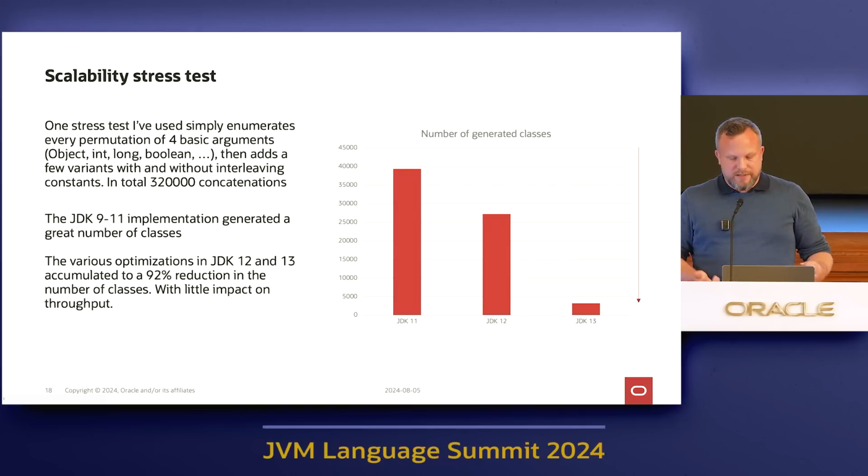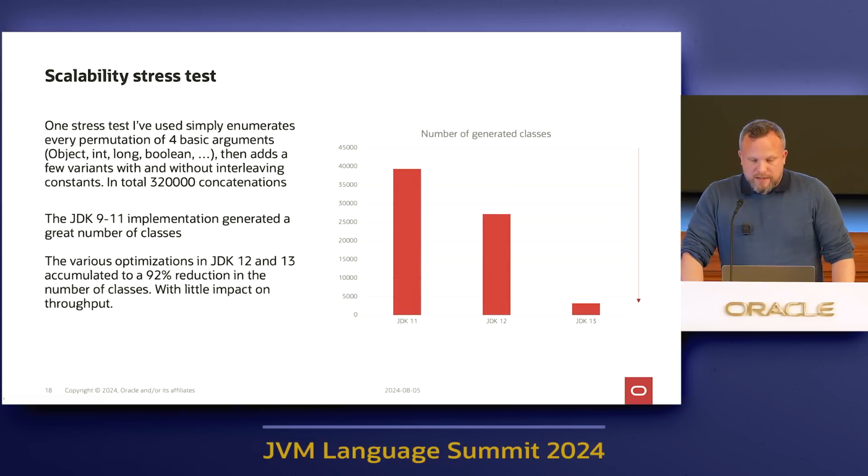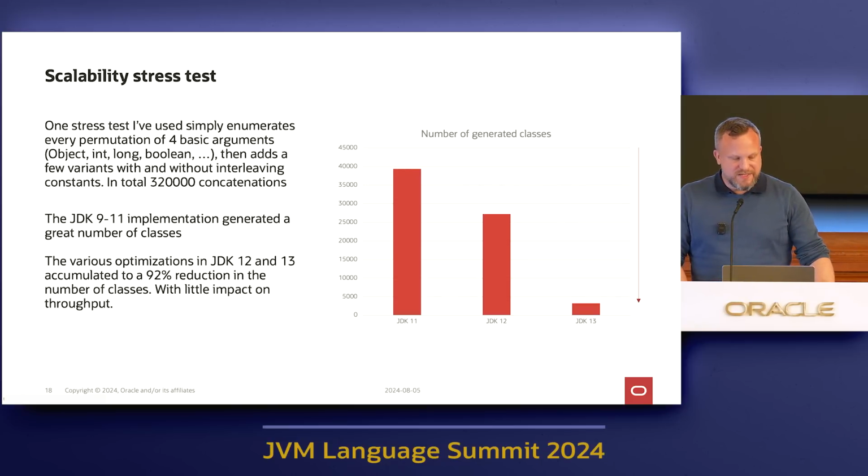With these optimizations to reduce the tree shape, we got that down to around 3,000 classes. But still, with a 92% reduction in classes on this example, we still had lingering woes.